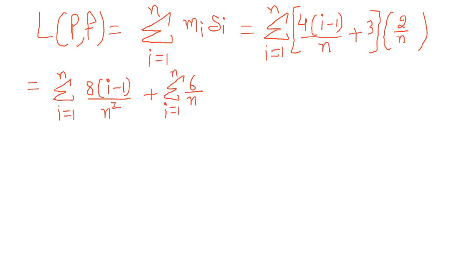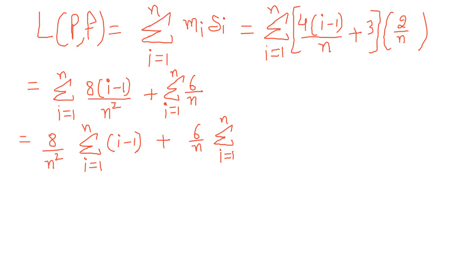Fine, so we have to calculate the value. So see this one: 8 upon n square, summation i equal to 1 to n of (i minus 1), and 6 by n common, summation i equal to 1 to n.